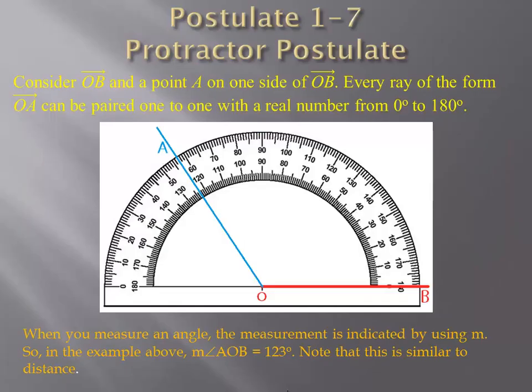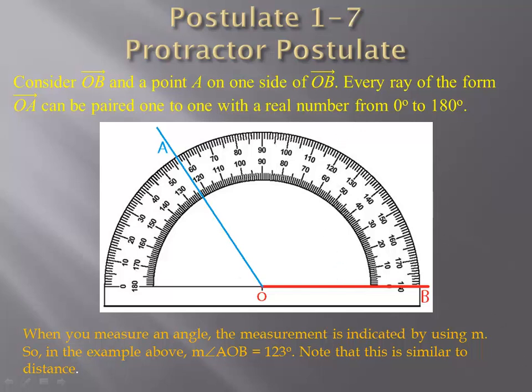Postulate 1.7 is called the protractor postulate. It's very similar to the ruler postulate. Consider ray OB, which is laid along an edge of a protractor, and the point A somewhere out here on one side of ray OB.